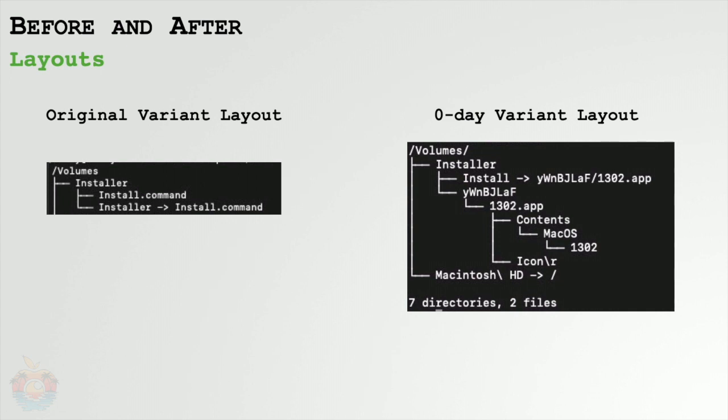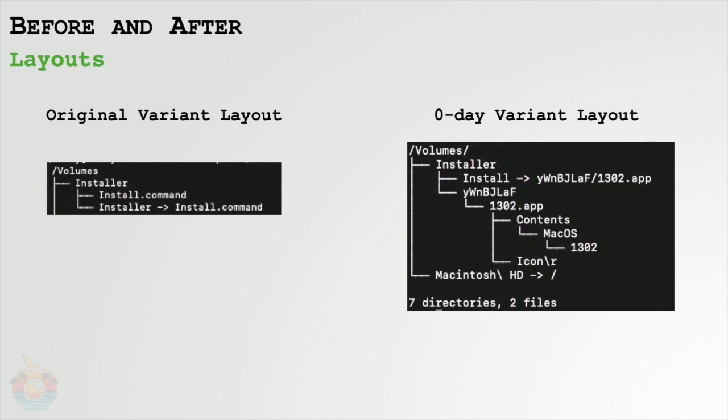Remember, this wasn't public news. We assume that the authors of SHLAYER found this on their own and implemented it into their malware. On the left, you see install.command, and then an installer, which is a soft link to install.command. That installer is the PKG icon that you see when it gets double-clicked. It's a soft link that just runs a script.